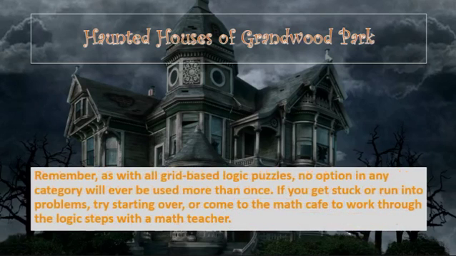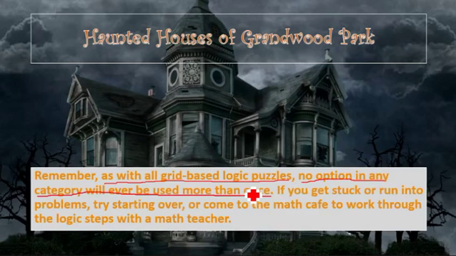All right, when first dealing with logic puzzles, we need to remember some basic facts. With all grid-based logic puzzles, which is what we're going to be looking into now for this problem, no option in any category will ever be used more than once. So, for instance, if one house was visited in April, that's it. No other houses were visited in April.